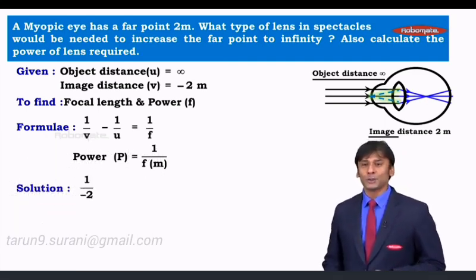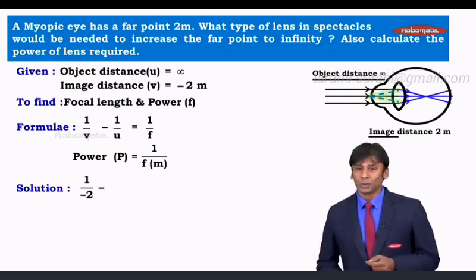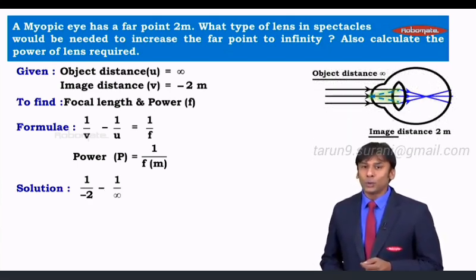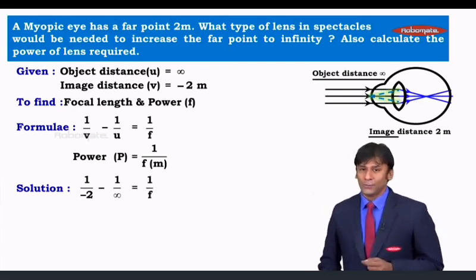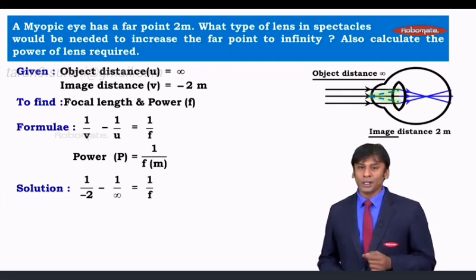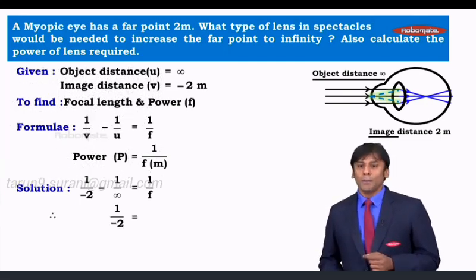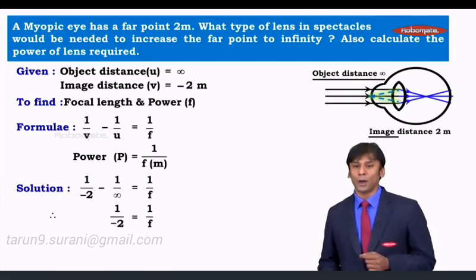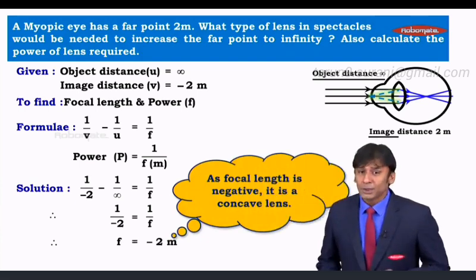Firstly, going to the solution, I use the lens formula. So it will be 1 upon v. v is minus 2, minus 1 upon u, and u is infinity, is equal to 1 upon f. Now, this becomes 1 upon minus 2 minus 0 is equal to 1 upon f. So therefore focal length f is equal to minus 2 meters.